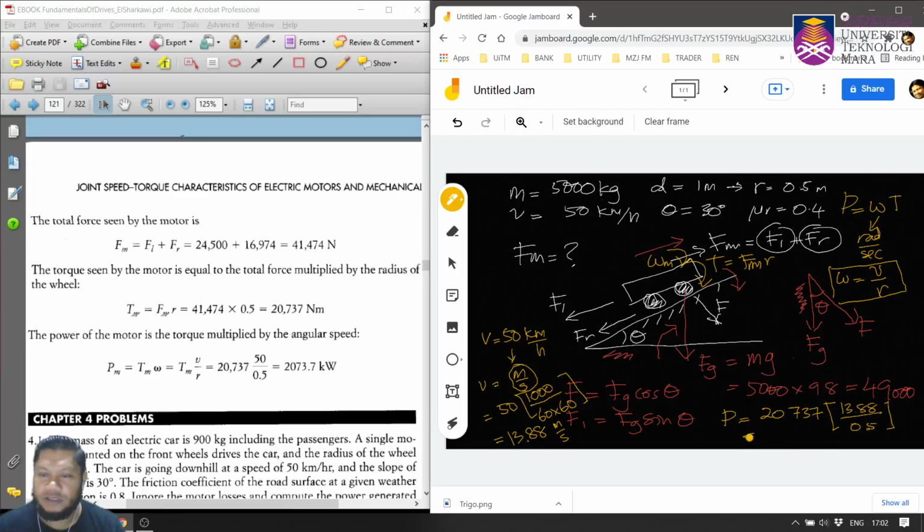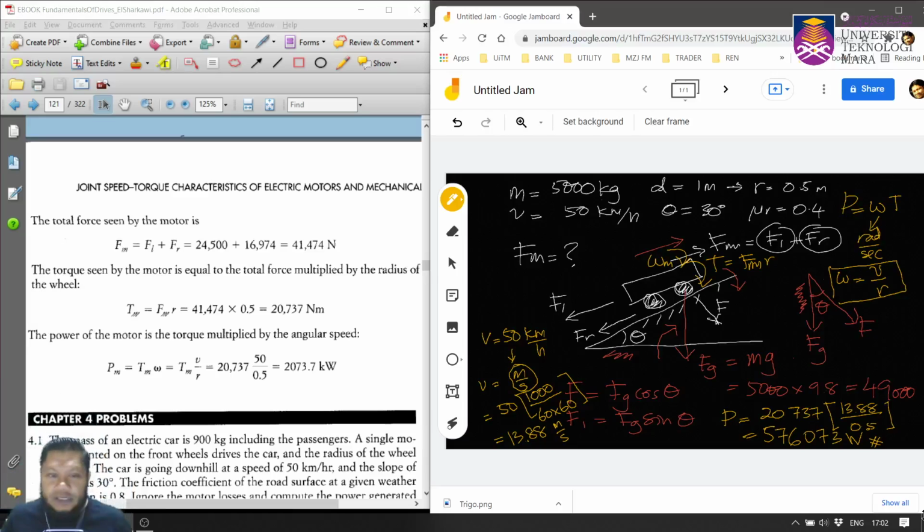Okay, let's calculate, 13.89 actually. Alright, multiplied by 20,737 divided by 0.5. That gives me 576,0.731. Okay, so that's the answer.